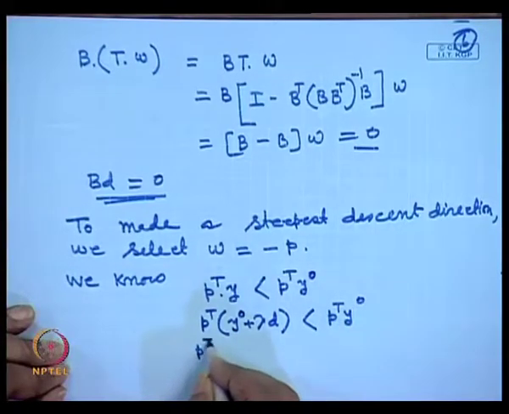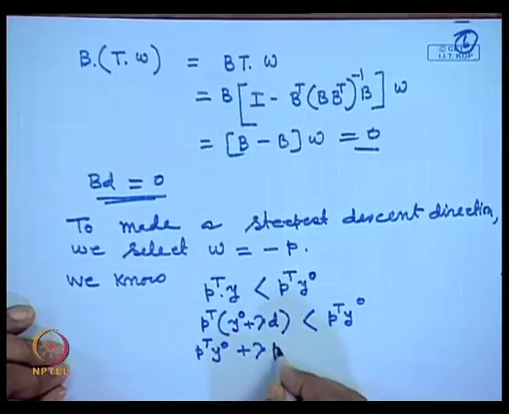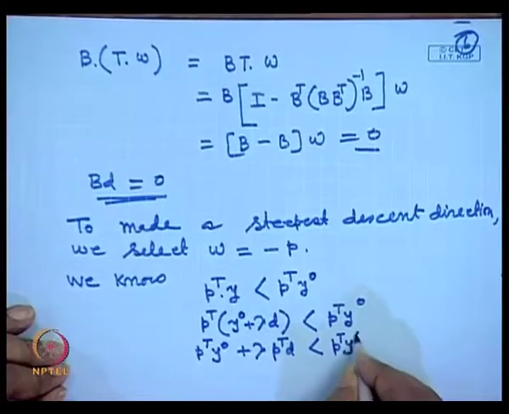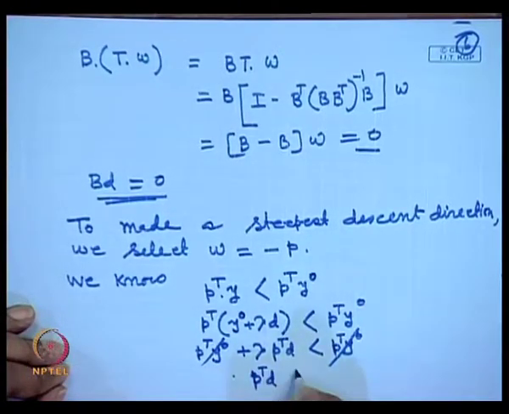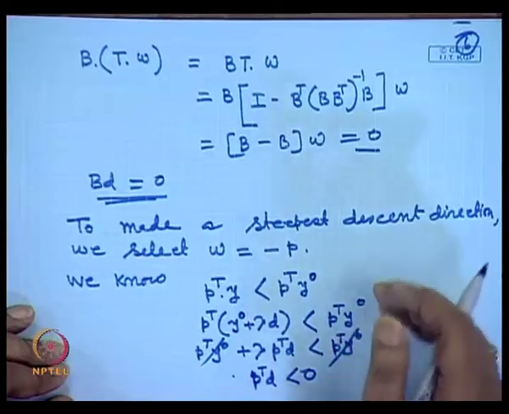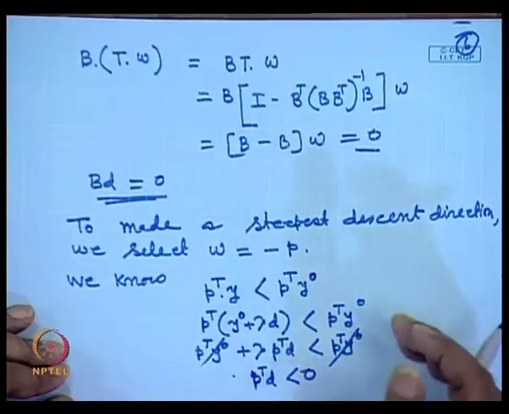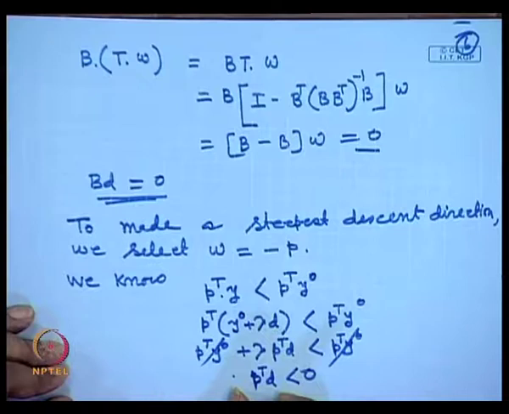Now, you expand this: P transpose Y0 plus lambda P transpose D is less than P transpose Y0. So, this cancels, which implies that P transpose D must be less than 0. So, if this is the descent direction, the objective function value will decrease when we move from y0 to the new point y1, provided this condition is satisfied.